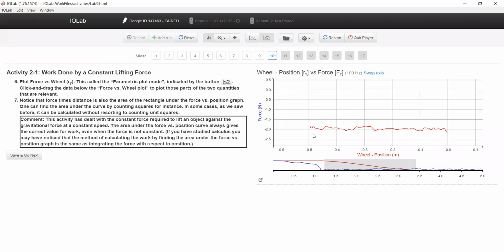Here you can see one rectangle is formed; this will give us our work done.